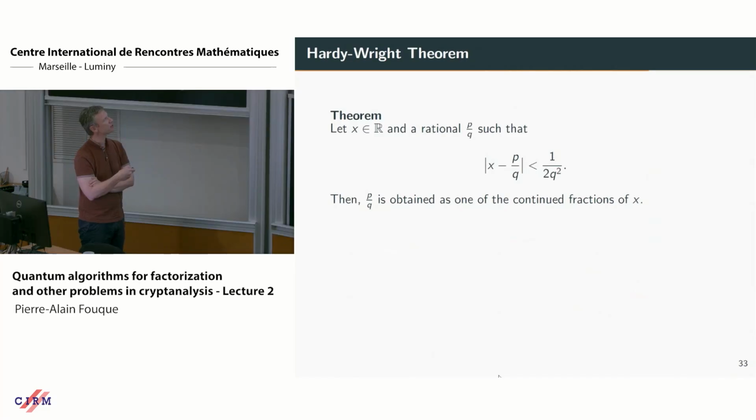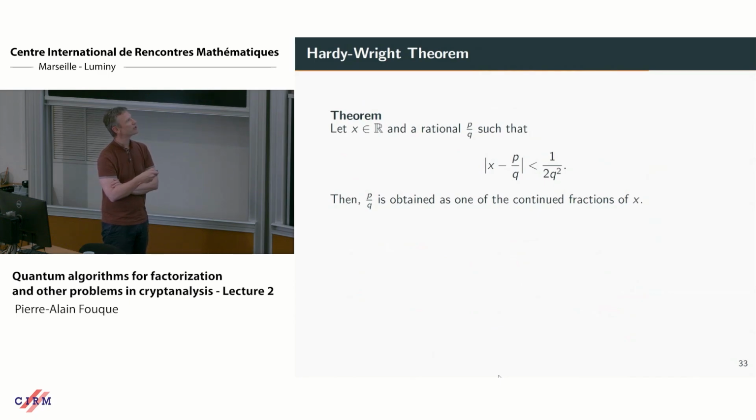Here is a well-known theorem, and it's also helpful in cryptography to apply it and to remember it. If you have some x, which is a rational, it also works.